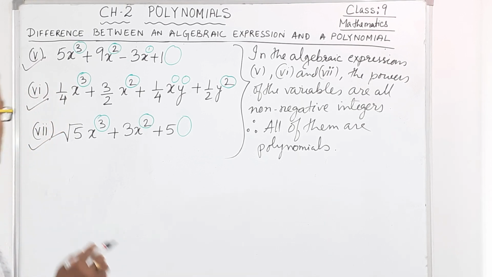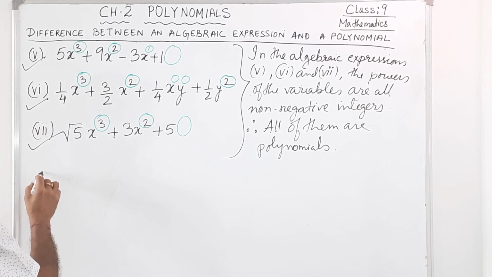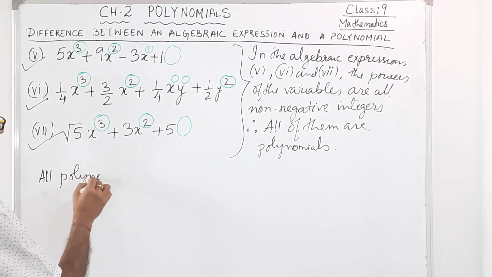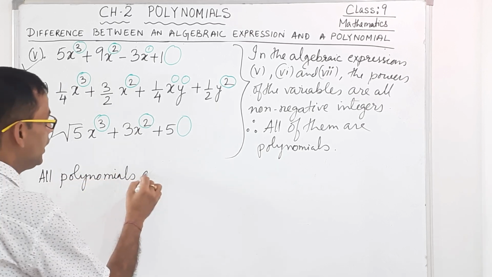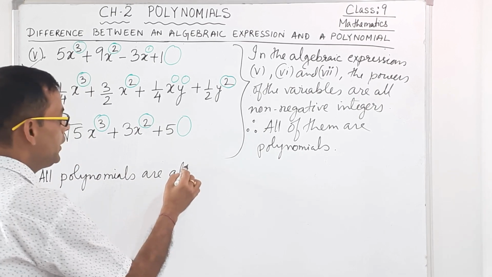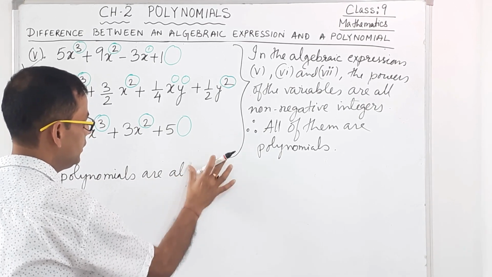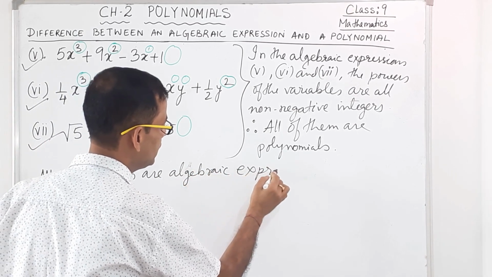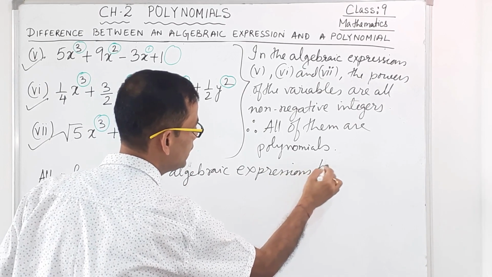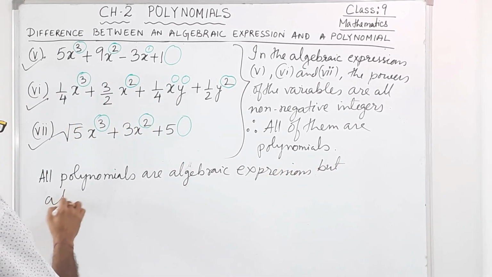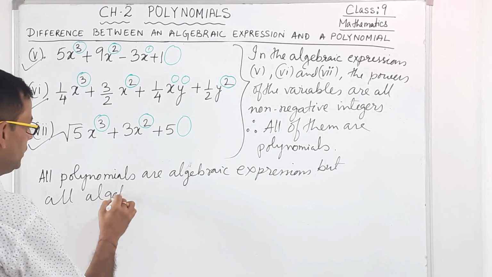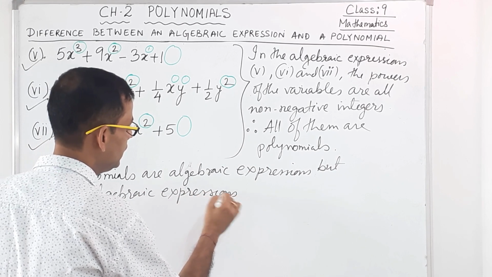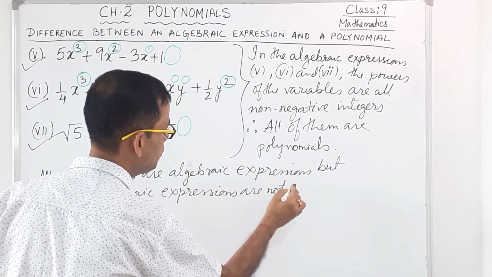So we can write here, all polynomials are algebraic expressions. All polynomials are algebraic expressions. But all algebraic expressions are not polynomials.